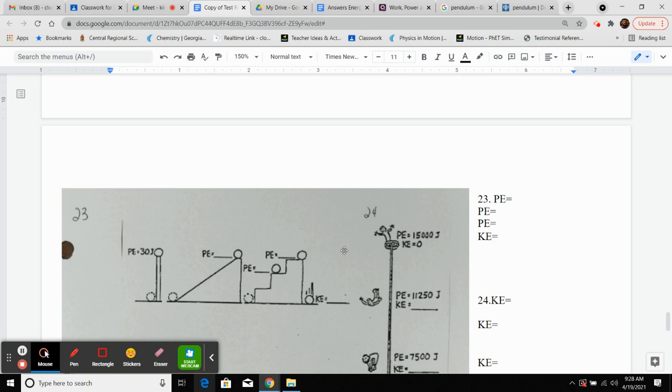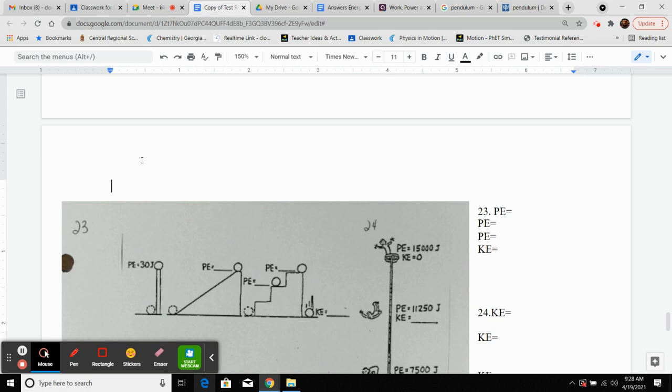So mechanical energy. Mechanical energy is not written in here. Let me do this real quick. Mechanical energy is equal to what? Potential plus kinetic.